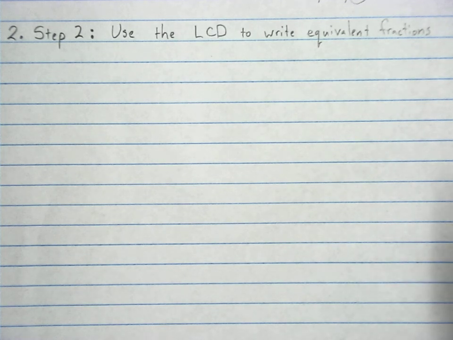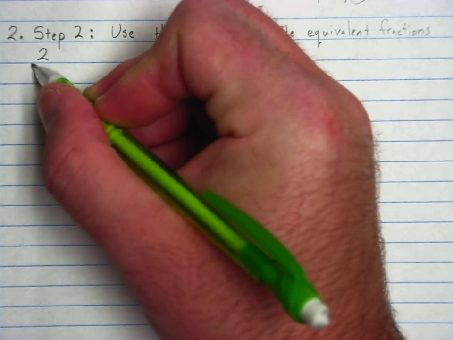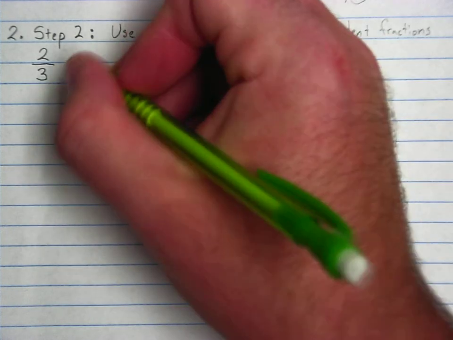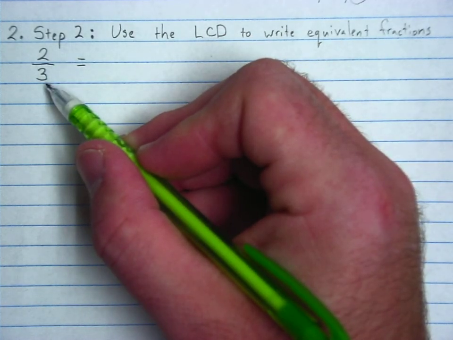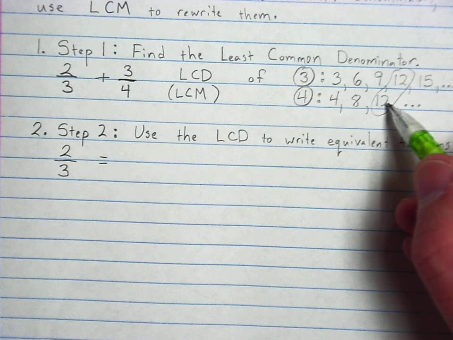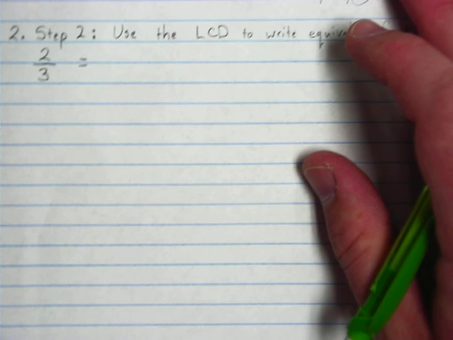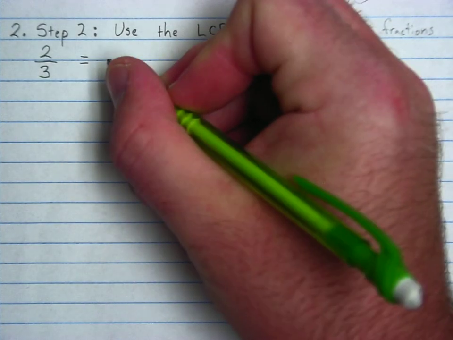Now, let's talk about how this works. I've got 2 over 3, 2/3, right? But I want this denominator to be 12. That is a common denominator. That is something that is a multiple of both 3 and 4. So I know I should be able to get 3 to 12.